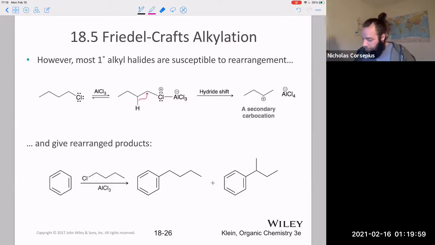So for example, in this case, if you were to use 1-chlorobutane in these Friedel-Crafts reactions, you would actually only get like 35% of your butylbenzene, whereas 65% would be a result of that hydride shift that occurs. Okay, so you would get this rearrangement as your major product.